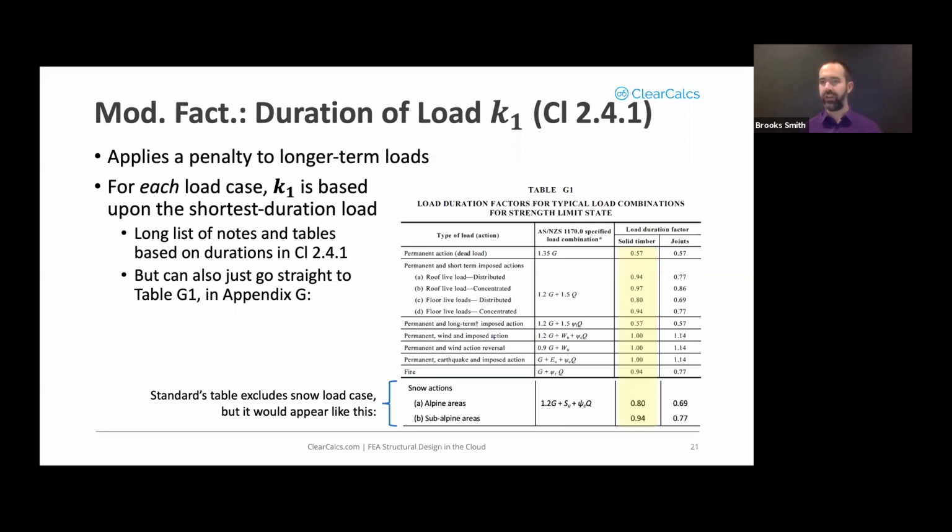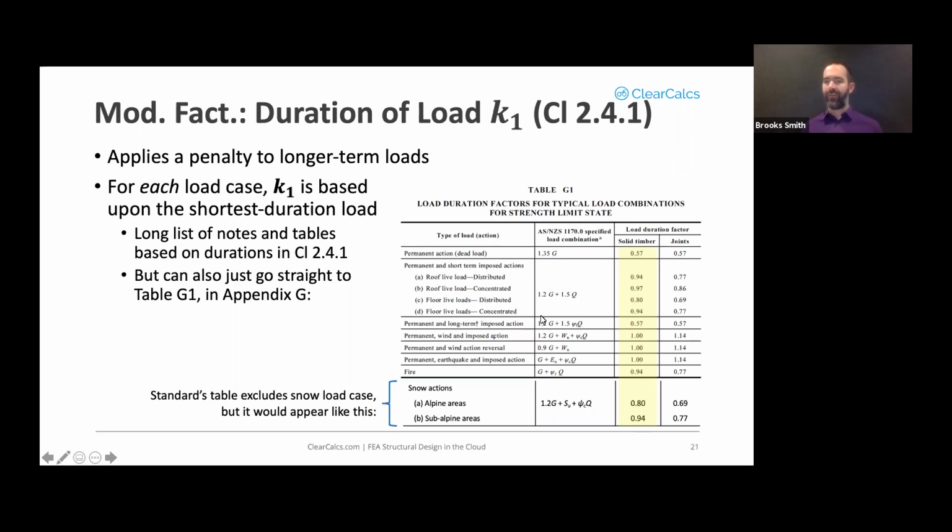But much easier is to just look at Appendix G of AS1720.1. In here, table G1 gives you just a nice table of all of the load cases defined in AS1170 and what the K1 factor is that you should use for each of those load cases.